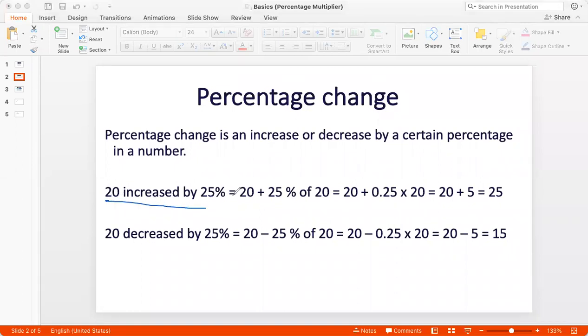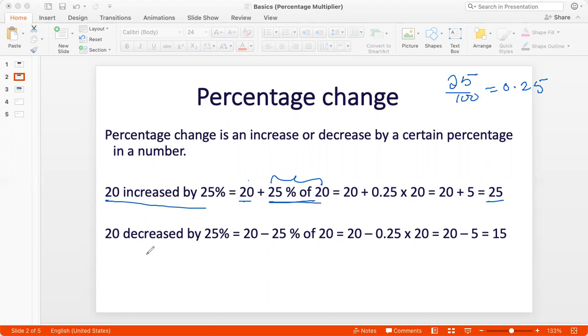I would write that as 20 plus 25% of 20, which is 20 plus 0.25 into 20, because 25% is 25 over 100, which is 0.25. And 0.25 into 20 is just 5. So I get 25. So 20 increased by 25% is 25.